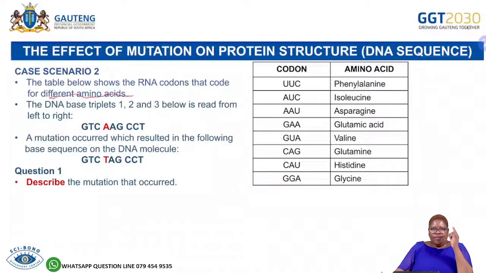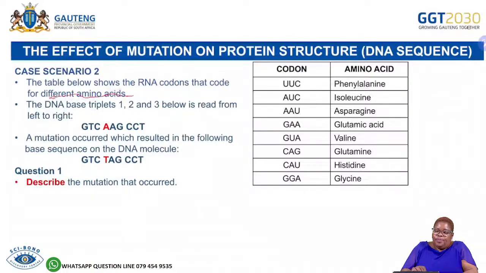Remember, if after mutation has taken place and we've got different amino acids being formed, what does that tell you in terms of the structure of the DNA sequence? So, effect of mutation on protein structure, that is DNA sequence, case scenario 2.